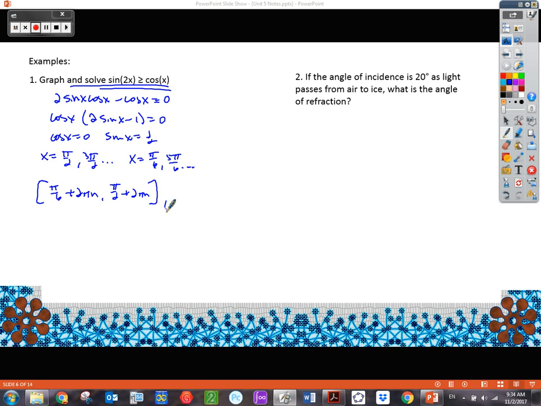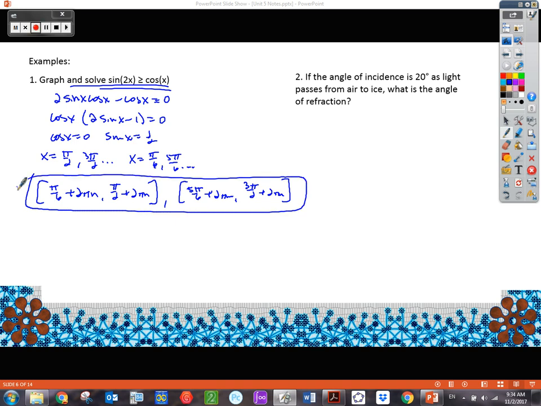My second interval is 5 pi over 6 plus 2 pi n to 3 pi over 2 plus 2 pi n. And if I wasn't sure if this was 2 pi, I would just do what I was explaining before, which is check the difference between the two endpoints where each of these little sections begins and ends.